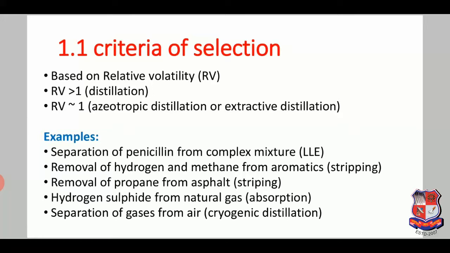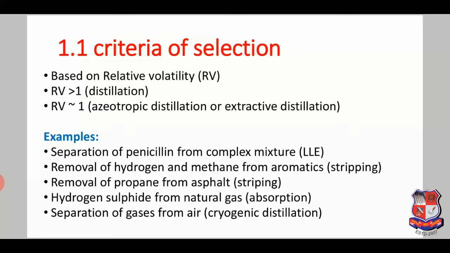Here are some examples of the various mass transfer operations. For example, if we want to separate penicillin from a pharmaceutical complex mixture, then the only option available to us is liquid-liquid extraction.